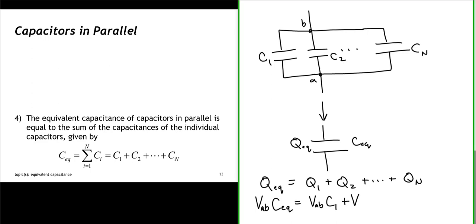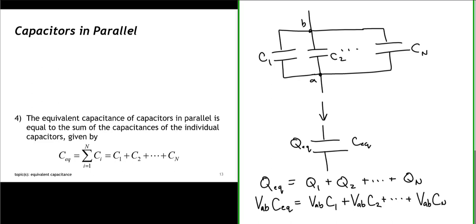The product of the potential difference from A to B and the capacitance for capacitor 2 is equal to the charge on capacitor 2. And we could do this for any number of capacitors in parallel in our circuit.